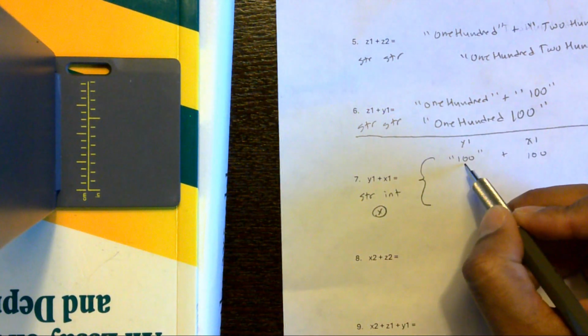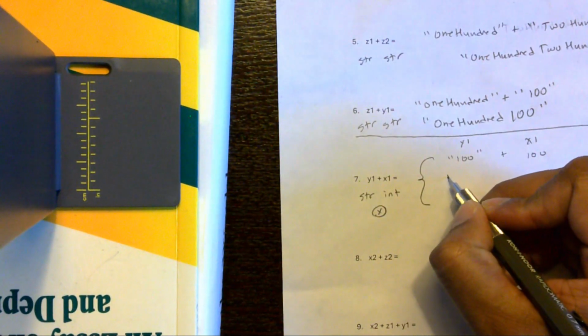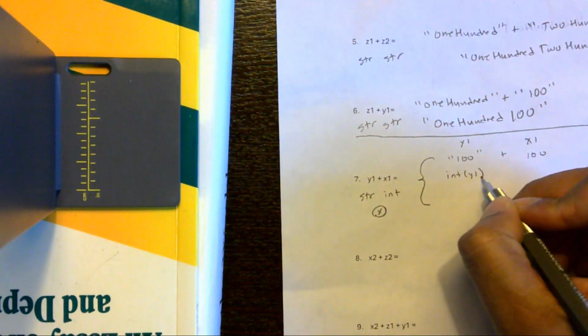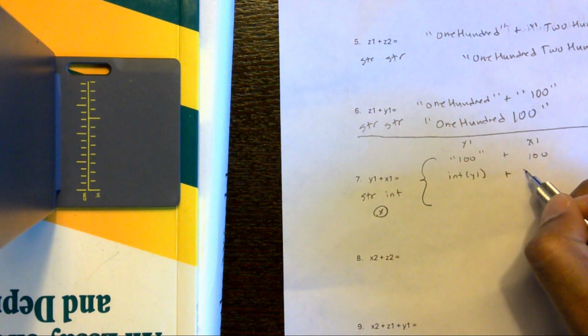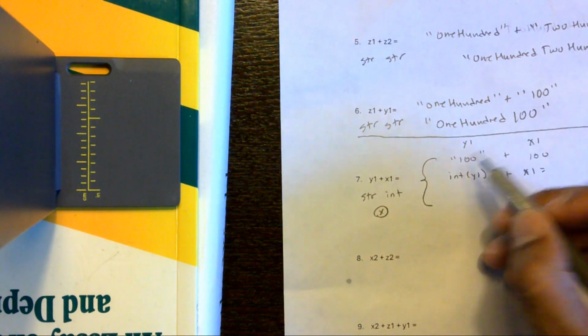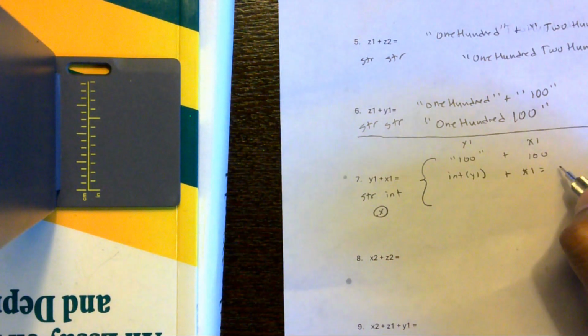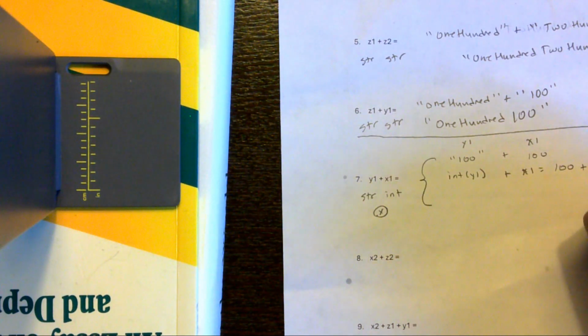So what we can do is change the first to int, the string to int. So we'll take the int of y1 plus x1, which is 100. By taking the int, we're simply taking the quotes out. You're just removing the quotes. So now that's 100 plus 100, which is 200, okay?